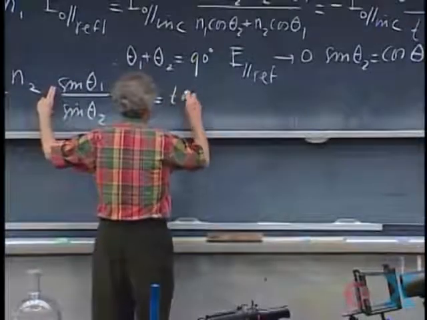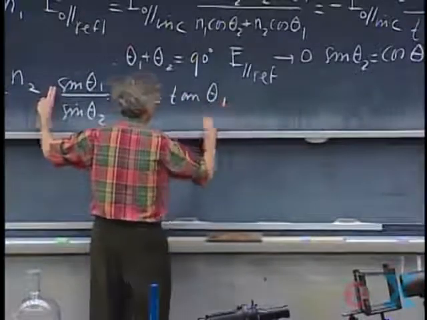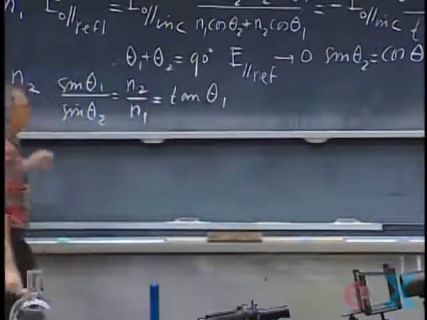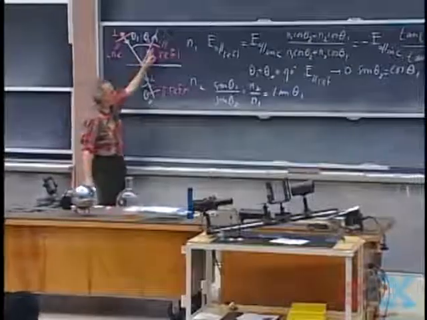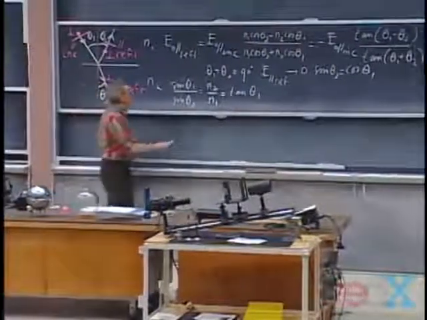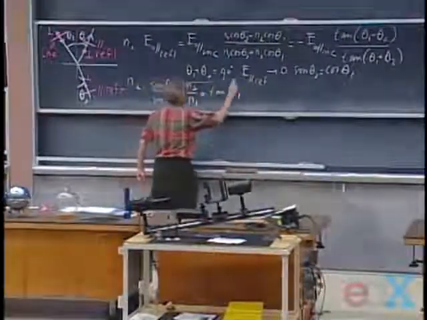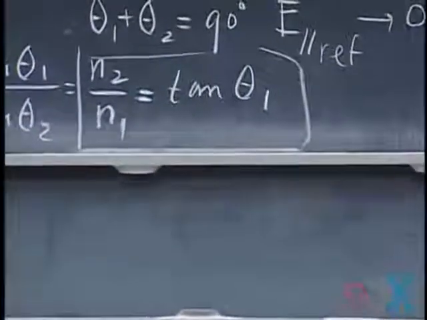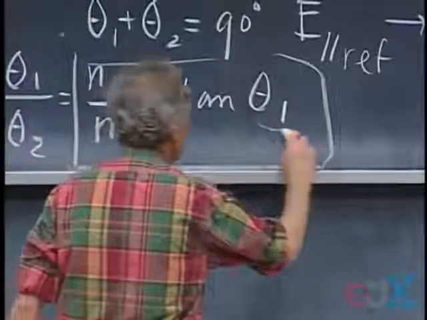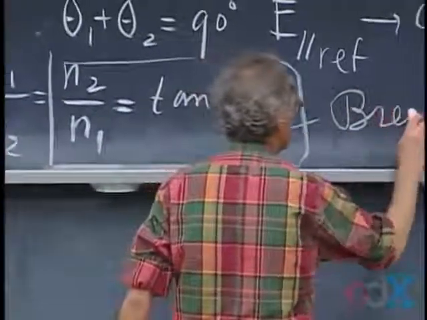And so if this is the tangent of theta 1, then we have met the condition that I was looking for, that I end up with 100% linearly polarized light. And so this is the secret to getting 100% polarized light. And this angle is called the Brewster angle.